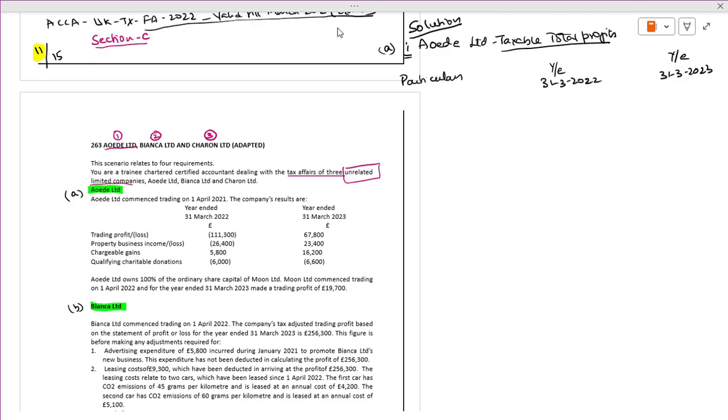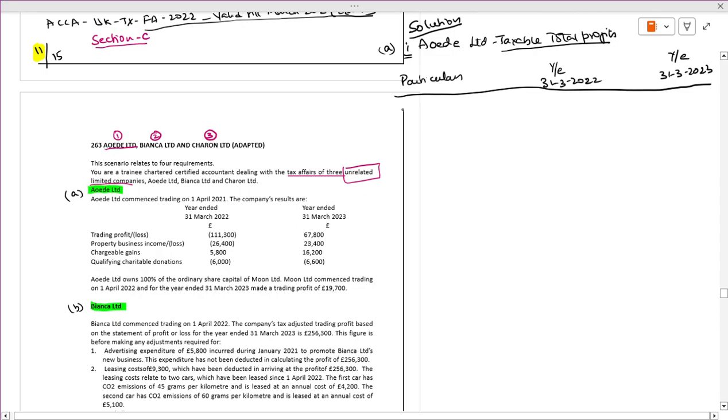Now coming back to this, we have to make sure how we are going to recover the losses, isn't it? How can we make sure of recovering the losses as such?